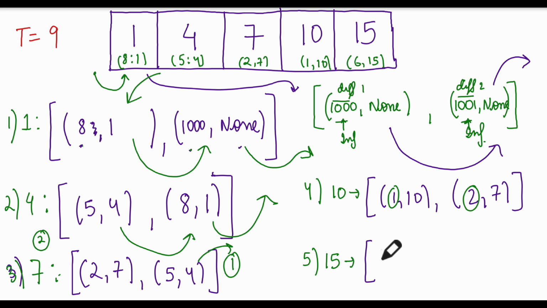My final list will look like this: 1, 10, 2, 7. And these are my two elements which are closest to my target with the least difference, and I will pick 10 and 7. I will do some slicing on this list and get these elements.